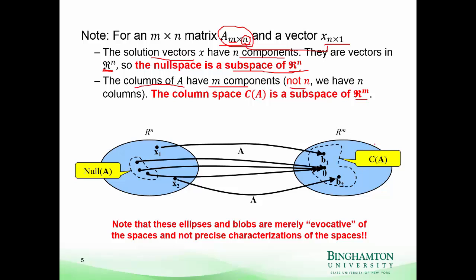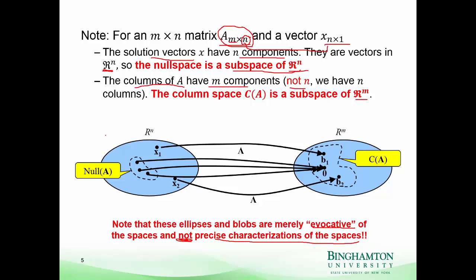So I need you to realize that I'm not saying Rn looks like this ellipse, and I'm not saying that the null space looks like this dashed kidney bean shaped thing here. These are evocative of the spaces, but not a precise characterization of what the spaces actually look like. So make sure that you realize that I'm not literally showing you shapes of things here.